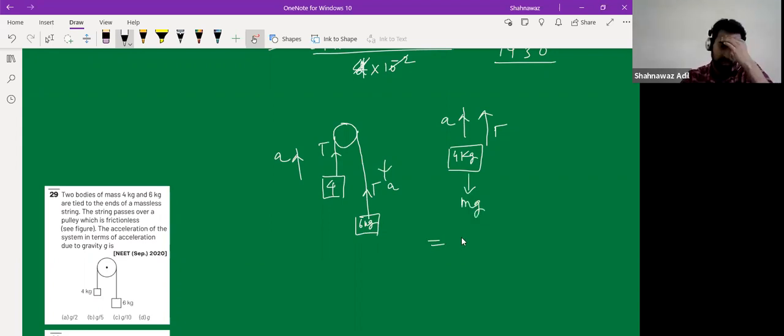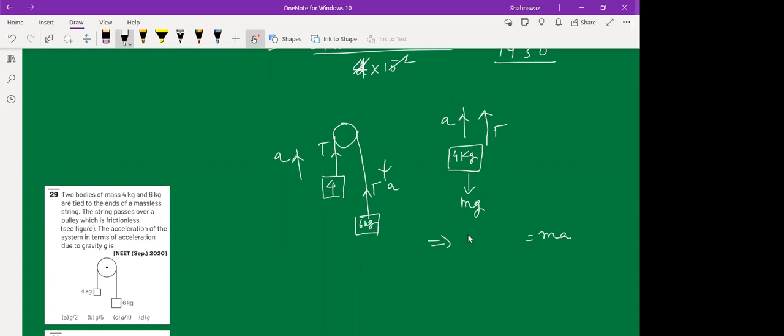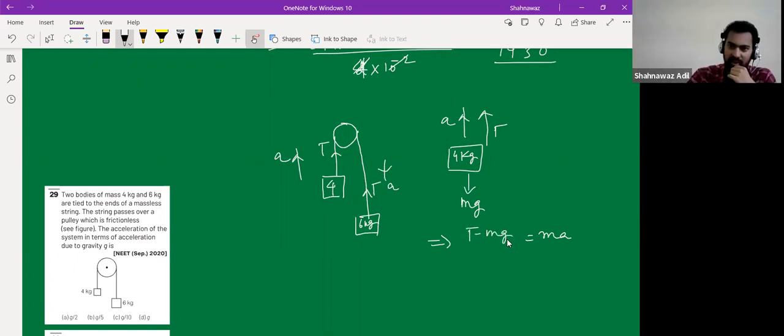So what will be Newton's law? ma will be the net force: T minus mg. So we can calculate the value of T from here. T equals mg plus ma, so this is m(g plus a), and m is 4, so 4(g plus a).